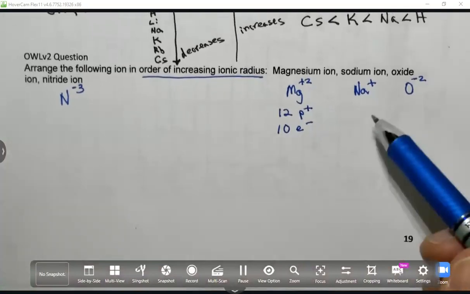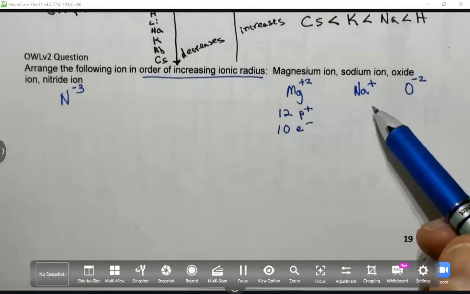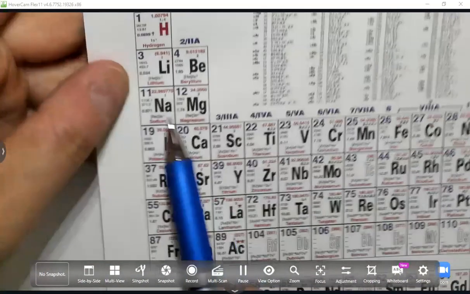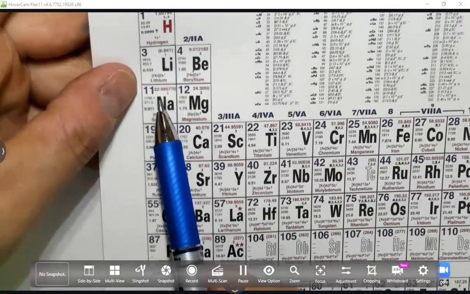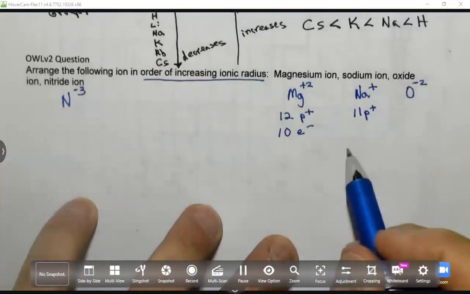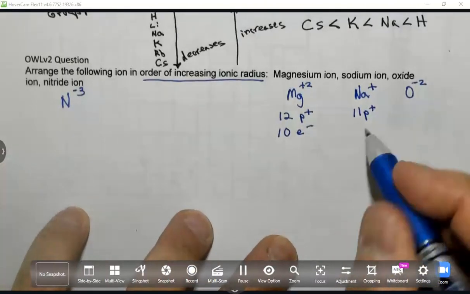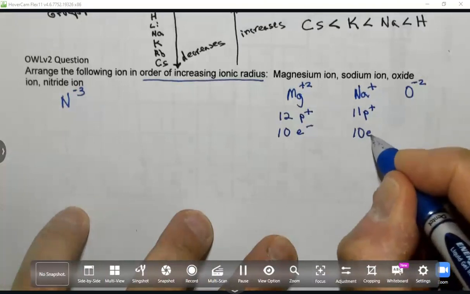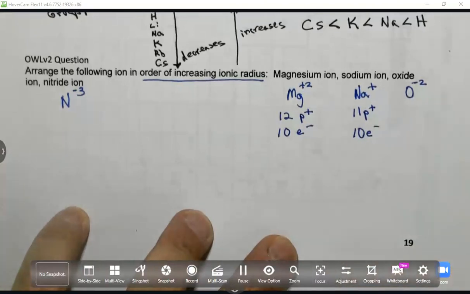Sodium ion right here. How many positive protons? 11 protons, right? How many electrons? 10 electrons.